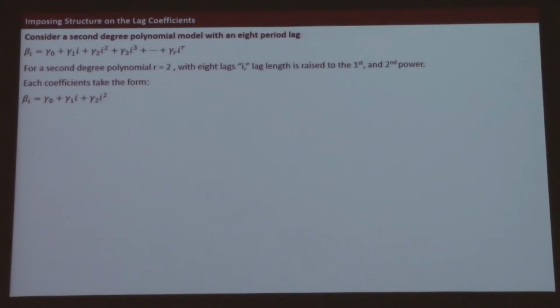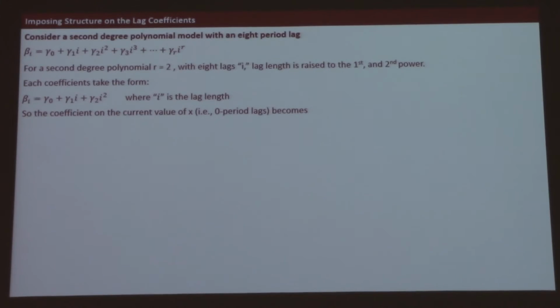If r equals 2, our quadratic, and lag length is going to be 8, then each coefficient takes the form of that. And that's that quadratic form. It looks like this, right? C, B, and then A, x squared.